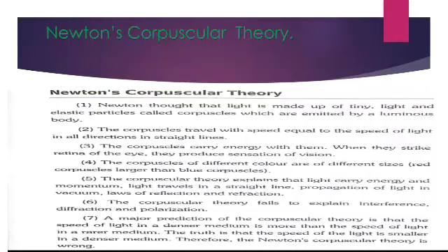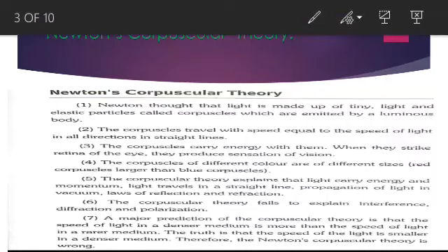Newton's corpuscular theory was given by Sir Isaac Newton. Before we go into the detailed discussion, we will say a few points about this. Light is an electromagnetic wave, as we know these days, but the actual nature of light was not known to man since ancient times.